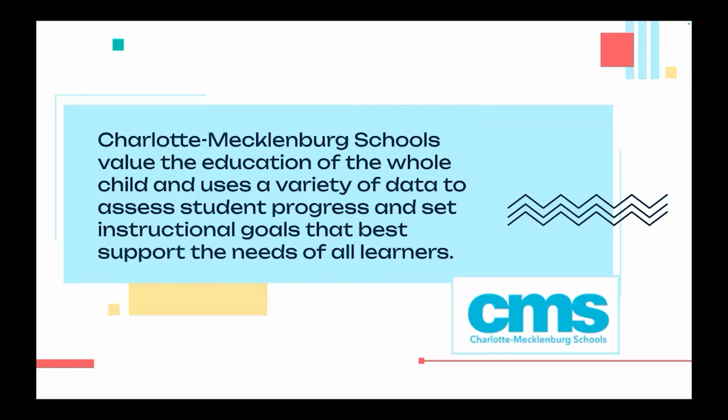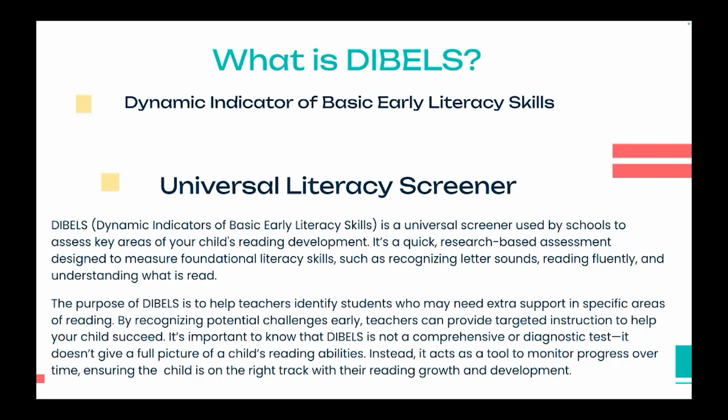All right, so to frame our conversation today, I would like to highlight that Charlotte-Mecklenburg schools value the education of the whole child, and we use a variety of data to assess student progress and to set instructional goals that best support the needs of all learners. DIBELS is an acronym for Dynamic Indicator of Basic Early Literacy Skills.